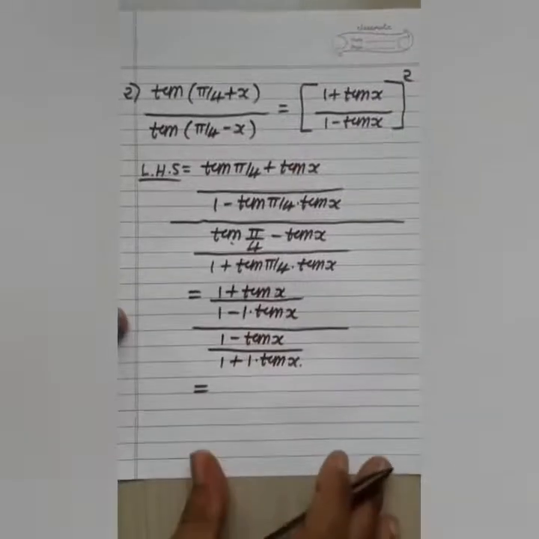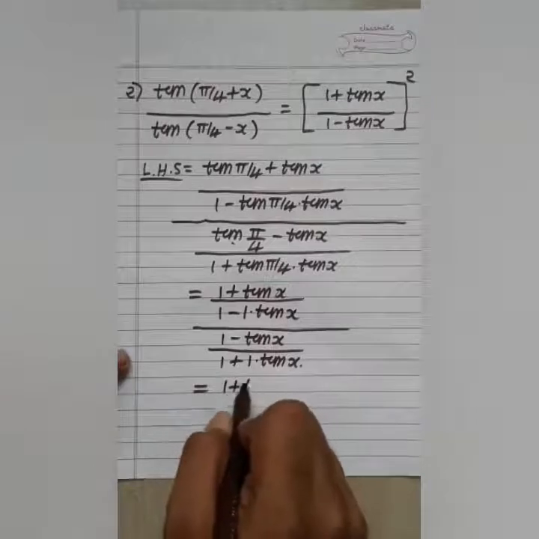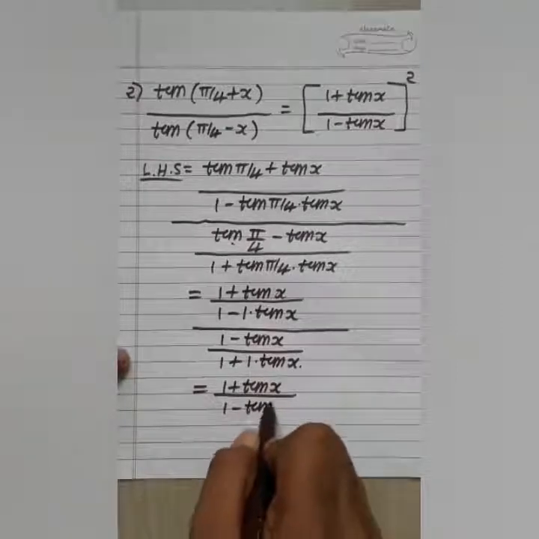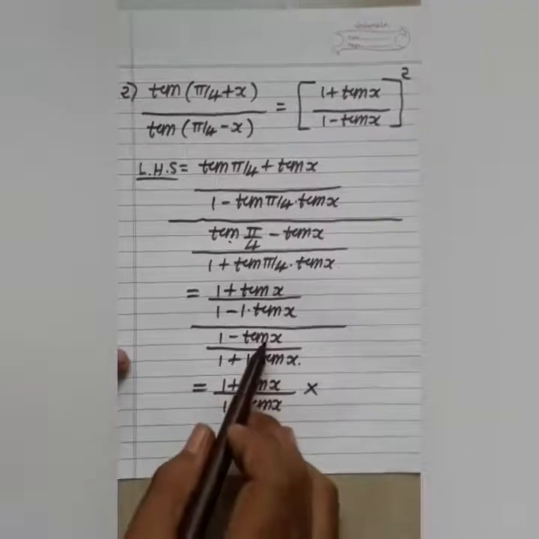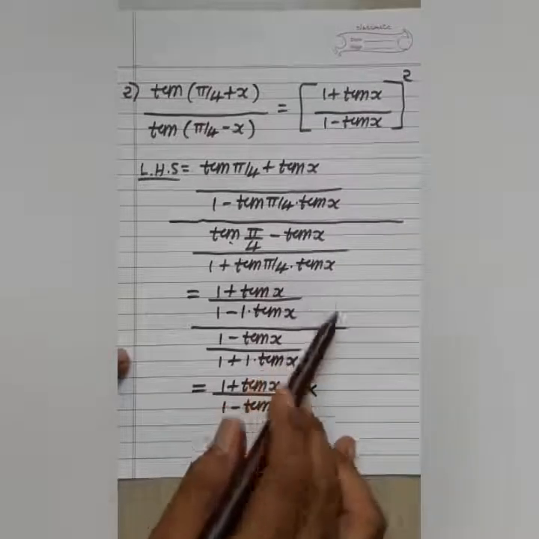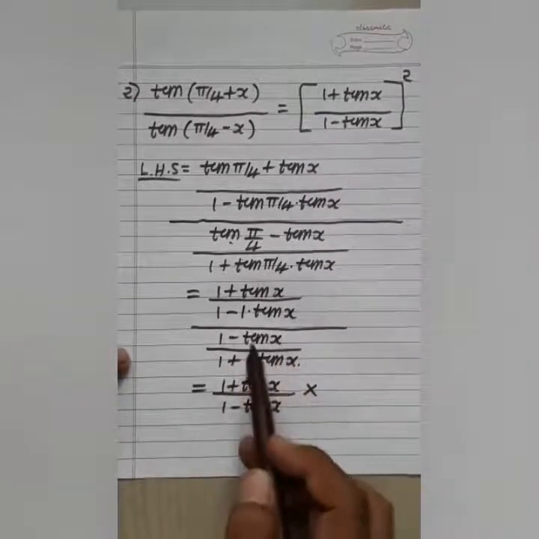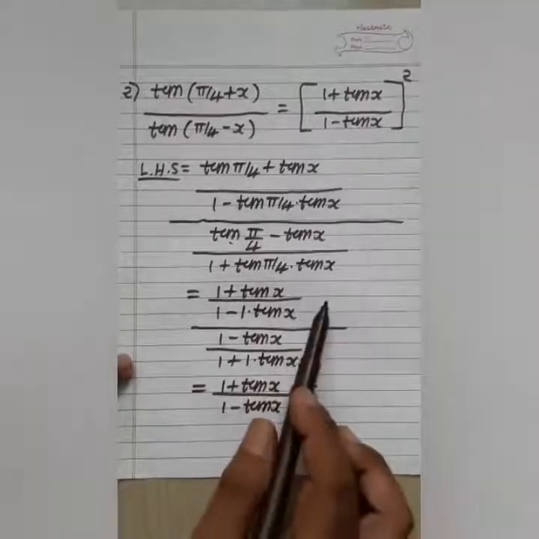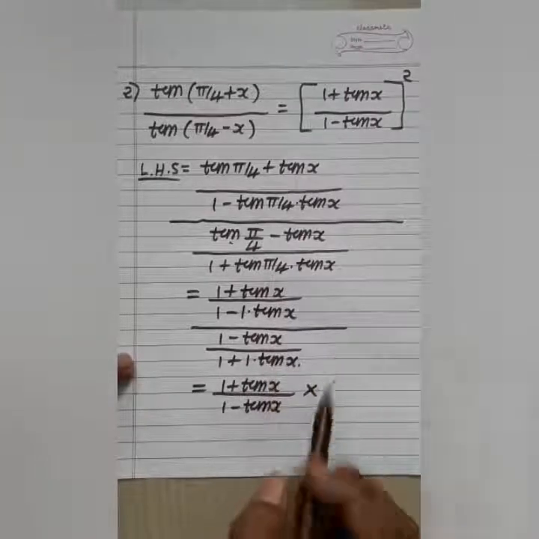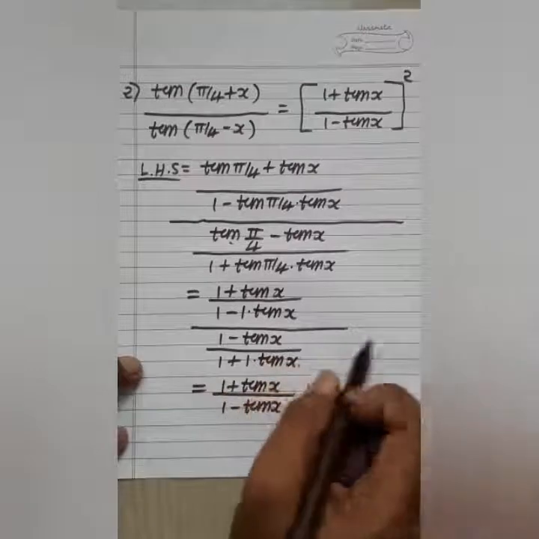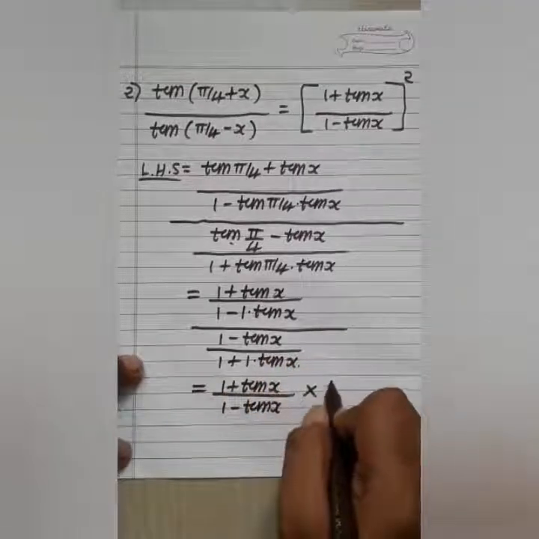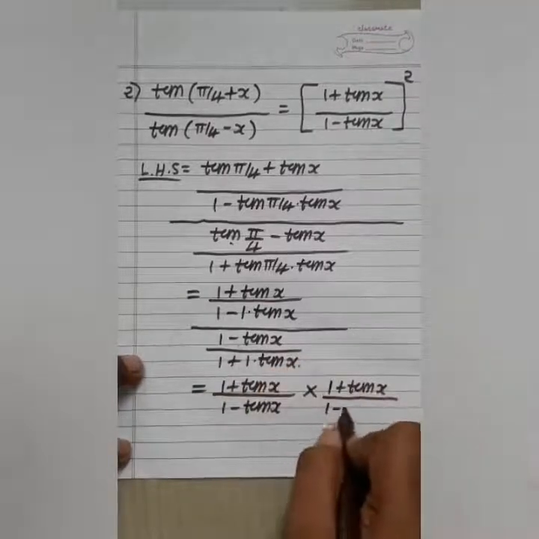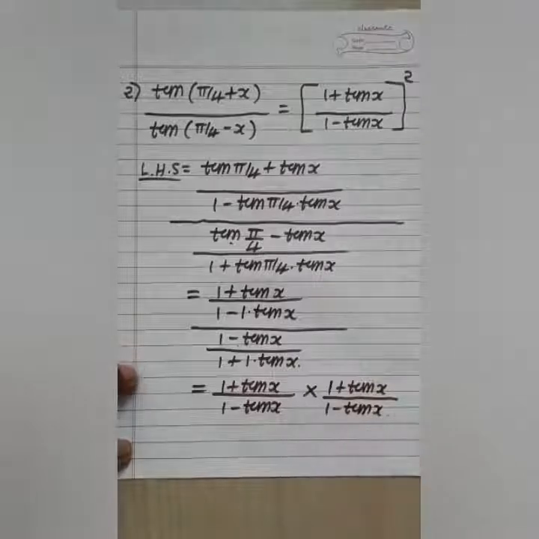So it is equal to (1 plus tan x upon 1 minus tan x) divided by (1 minus tan x upon 1 plus tan x). Here division form is present, so the denominator term we can write in the numerator; interchange the position of numerator and denominator. So 1 plus tan x we write in the numerator and 1 minus tan x in the denominator.